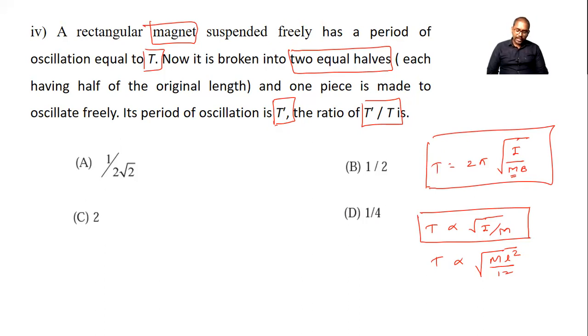So remember one thing here. In case one, moment of inertia is M L square by 12. In the second case, moment of inertia is, basically case 2, mass is half, so M by 2, and length is also half, so (L by 2) square divided by 12.